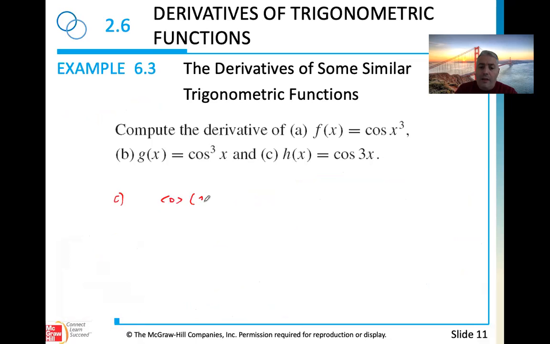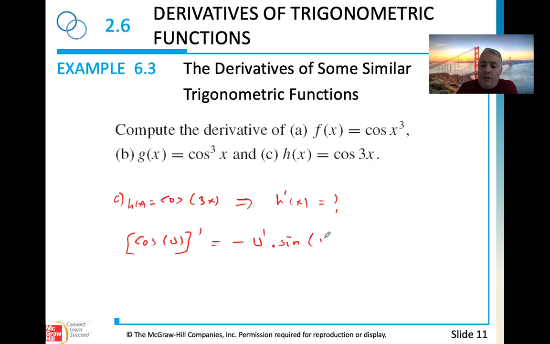Cosine of 3x is h of x. The question is h prime of x. The derivative of cosine of u is, one more time, the formula: negative u prime times sine of u.